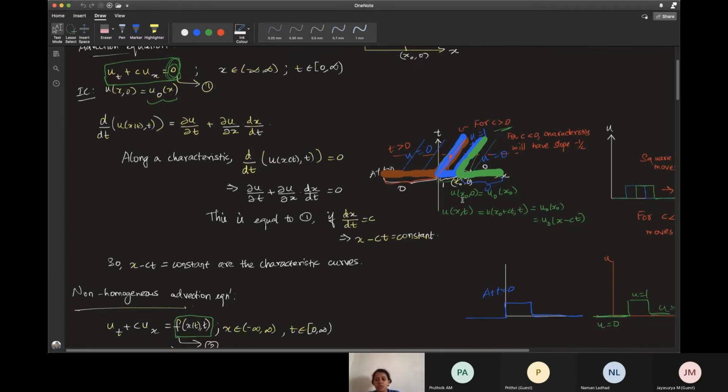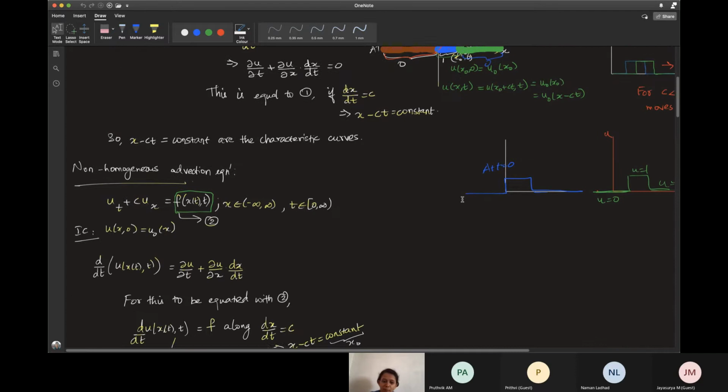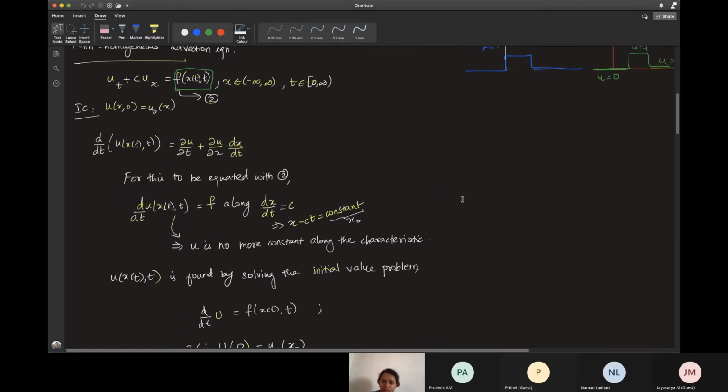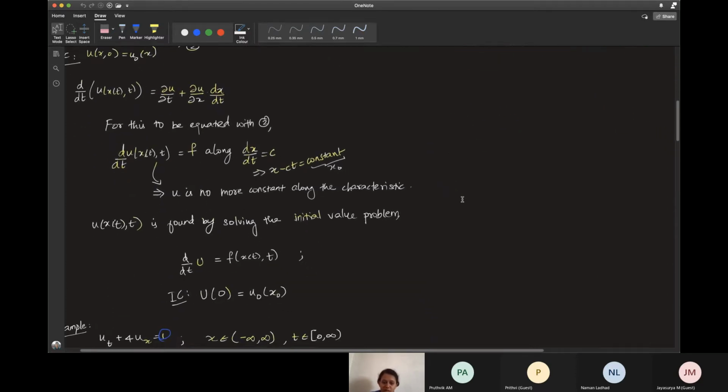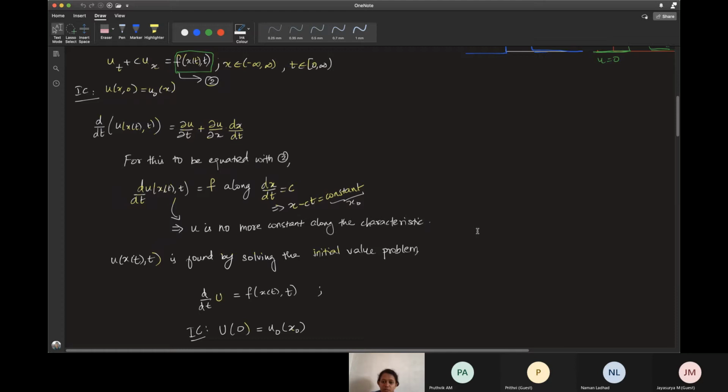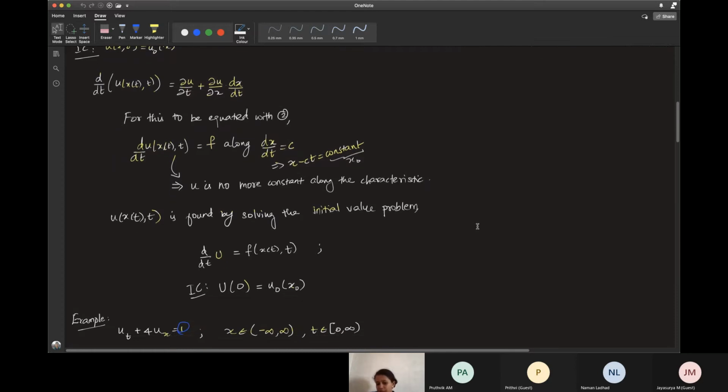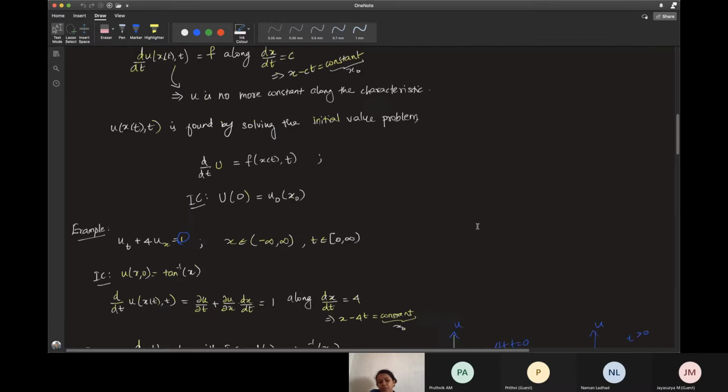Then we went on to studying non-homogeneous advection equation, which again led to constant characteristics, but the solutions were now not constant along the characteristics like the previous case. Here the solutions were explicitly defined.